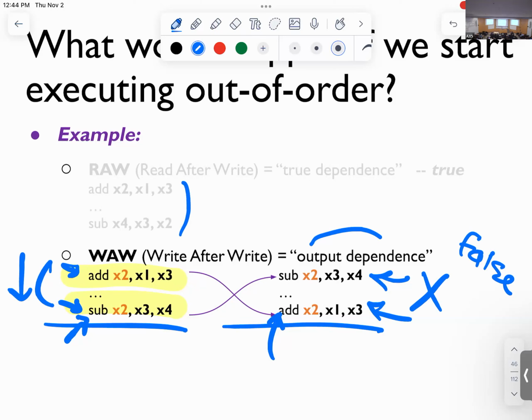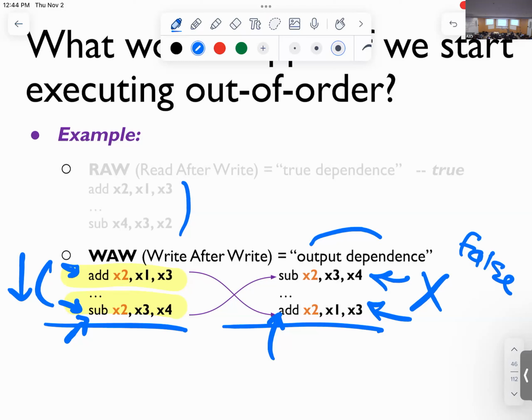Questions, yeah. For these specific instructions, wouldn't it not matter whether the add or the subtract happens first, or is it because we don't know what's happening to RS1 and RS2? So the question is why the ordering matters. Consider x1 and x3 to be different numbers.